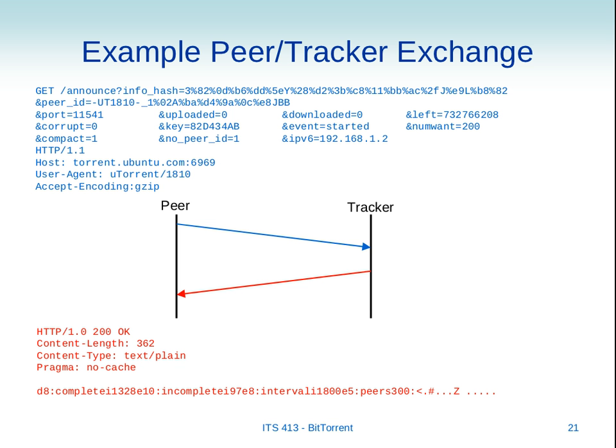It's not shown here, but it gives a list of peers, their ID, their IP address, and their port number. And that continues every 30 minutes in this example. And in practice, the peer may be doing that to multiple trackers, not just one tracker.